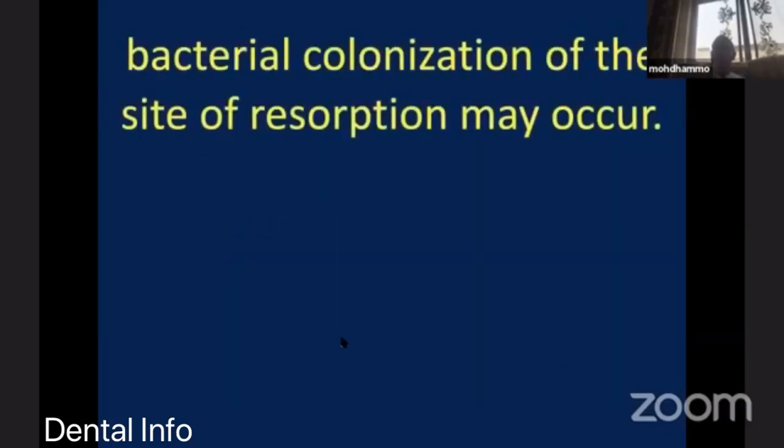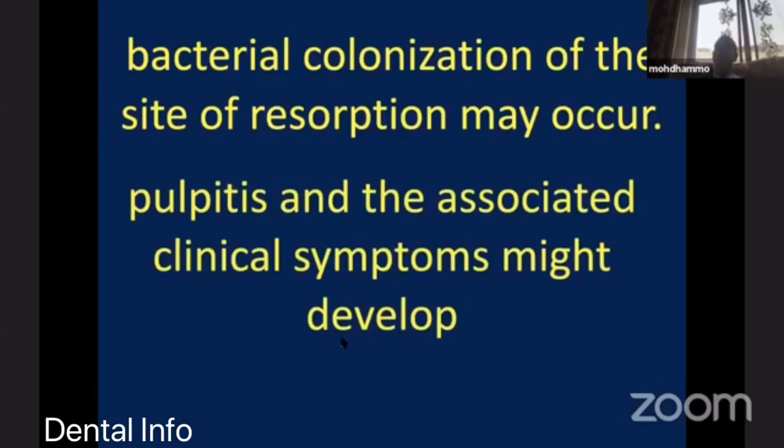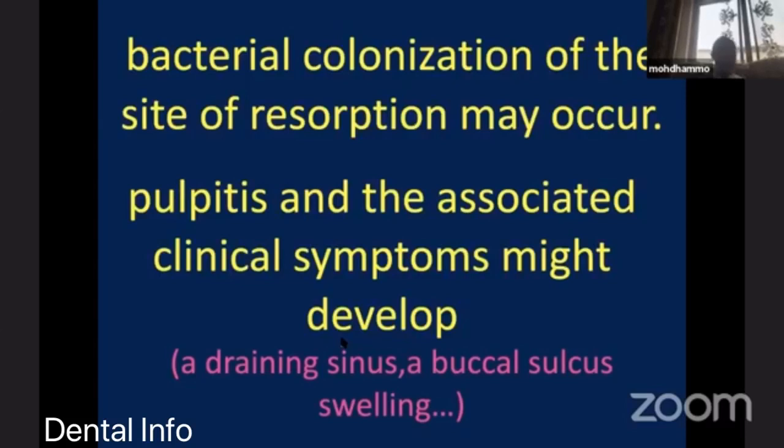Once bacterial colonization of the site of resorption occurs, the patient might feel the symptoms of pulpitis: sharp, severe, continuous pain. This stage occurs after the colonization of the bacteria. Sometimes patients might notice a draining sinus or even a buccal sulcus swelling.